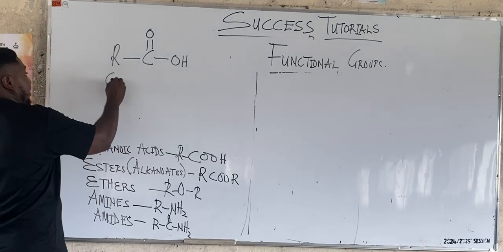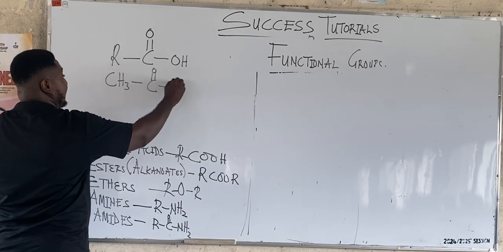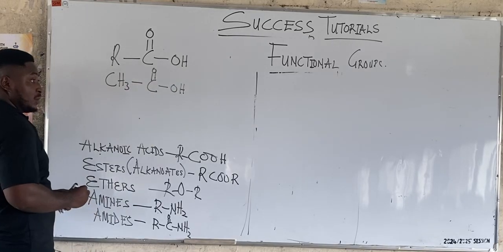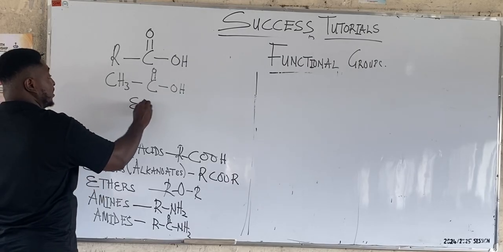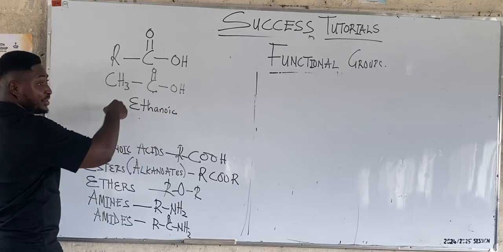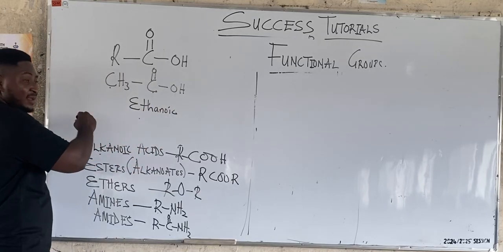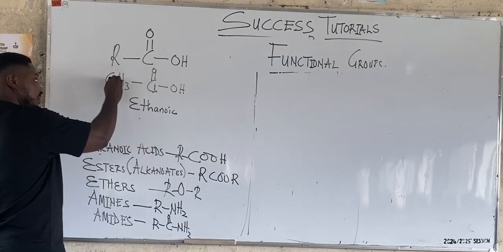If it is CH3, you have CH3 then COOH. What will you now name this? Ethanoic. It's very common for students to forget to count the carbon in the COOH and just say methanoic after the CH3. No, count the carbon in the COOH. In fact, this is carbon 1.